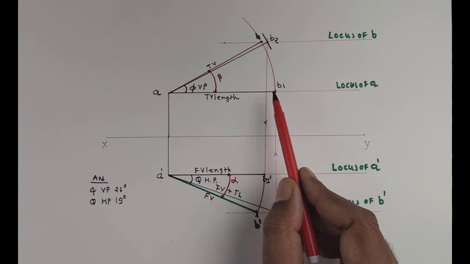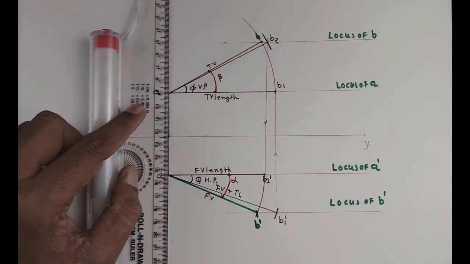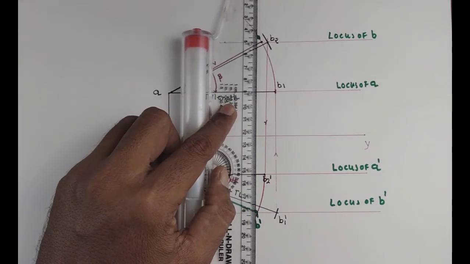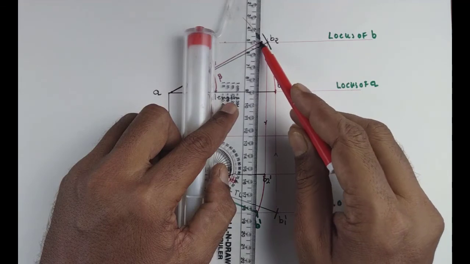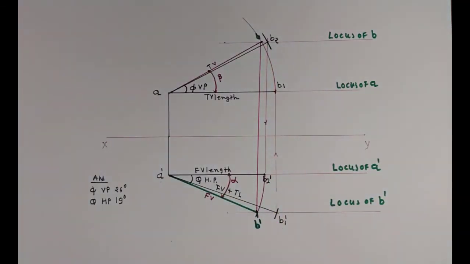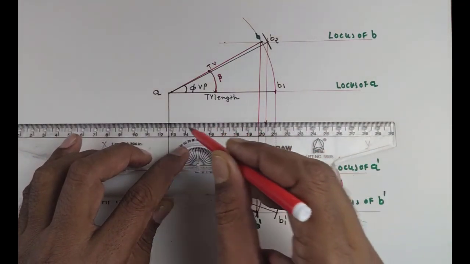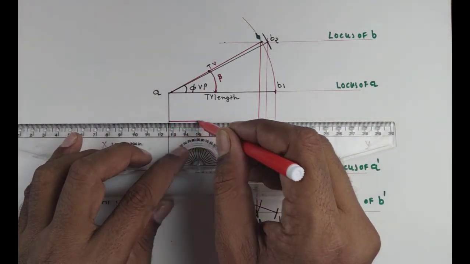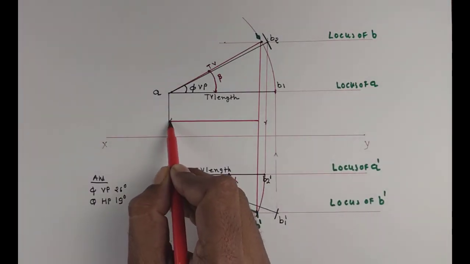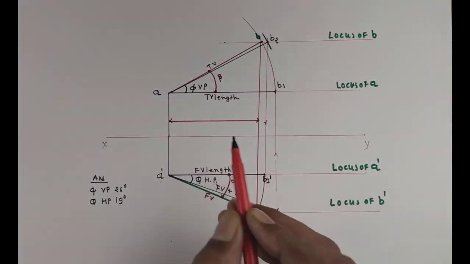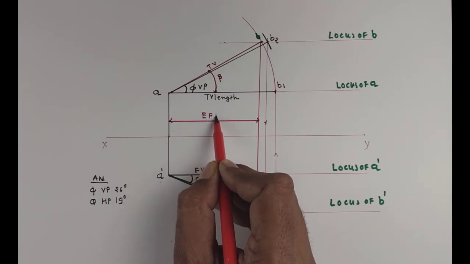Now I join the A and B. I join the B and B dash vertically, and the distance between final end points is called the end projector distance.